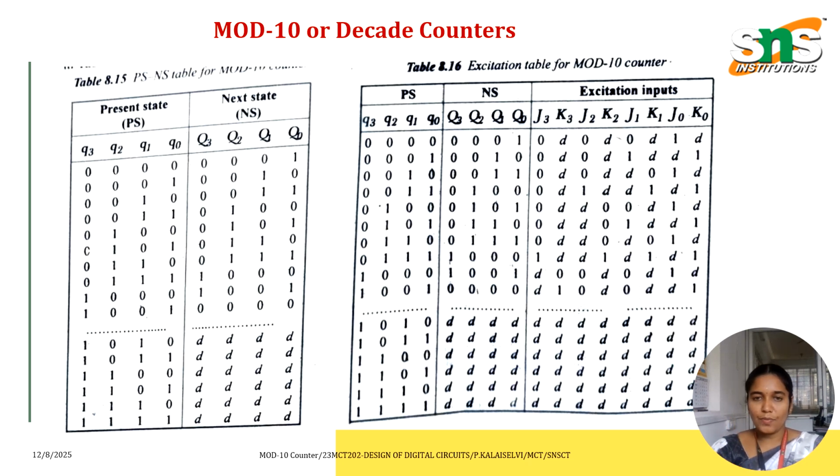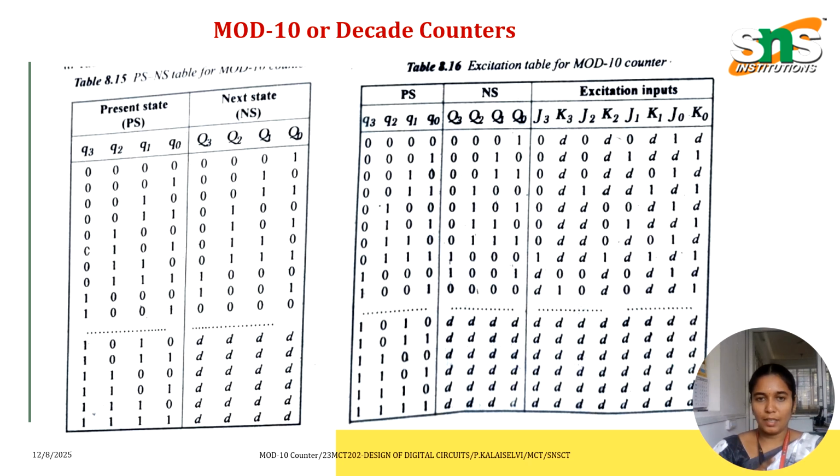The counter starts from 0000, which represents decimal 0, and with every clock pulse the count increases by 1. After reaching 1001, which is decimal 9, the next pulse forces the circuit to reset back to 0.